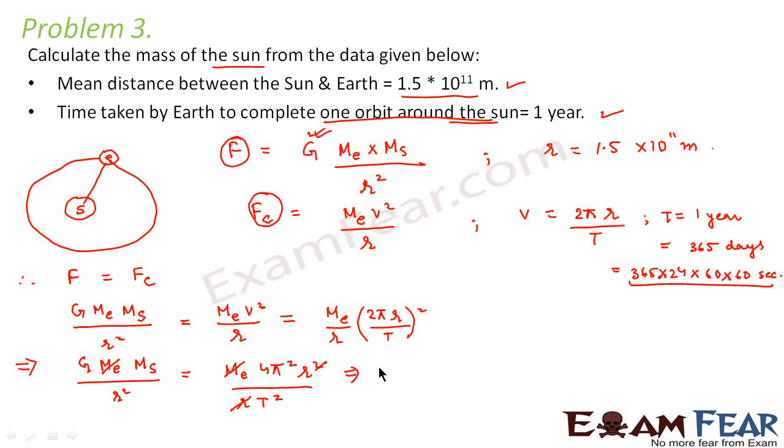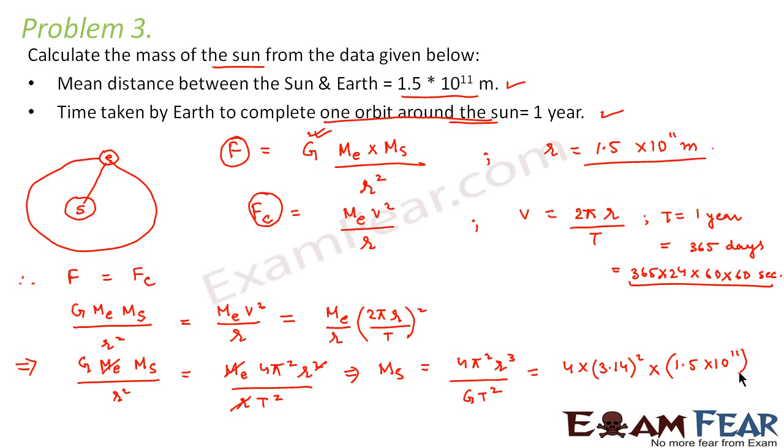So we can say mass of the sun is equal to 4 pi square r cube divided by g into t square. Now here we will put the values. 4 into pi square, pi is 3.14, so 3.14 square. Value of r is equal to 1.5 into 10 to the power 11, so 1.5 into 10 to the power 11 whole cube, divided by the value of g, which is 6.67 into 10 to the power minus 11, into t square.